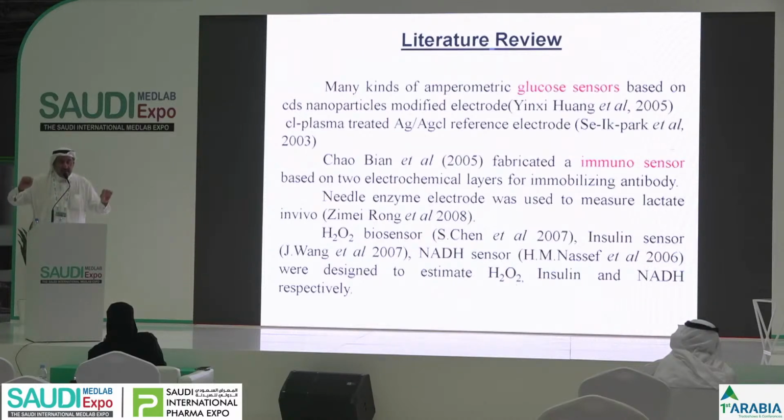From this chemical reaction, we count the cholesterol level, not the total, the low. I will show you what we are using for that. But this is the type of technique that gave us the idea to develop our device. The same for glucose. Some people are using the same techniques.